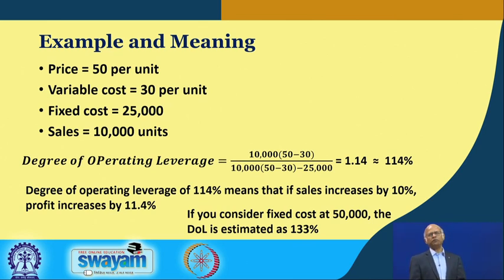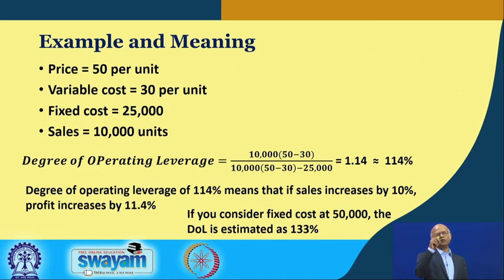So, it is 114%, which indicates, and this is more important, that if degree of operating leverage is 114%, then for every 10% increase in sales, your operating profit will increase by 11.4%.